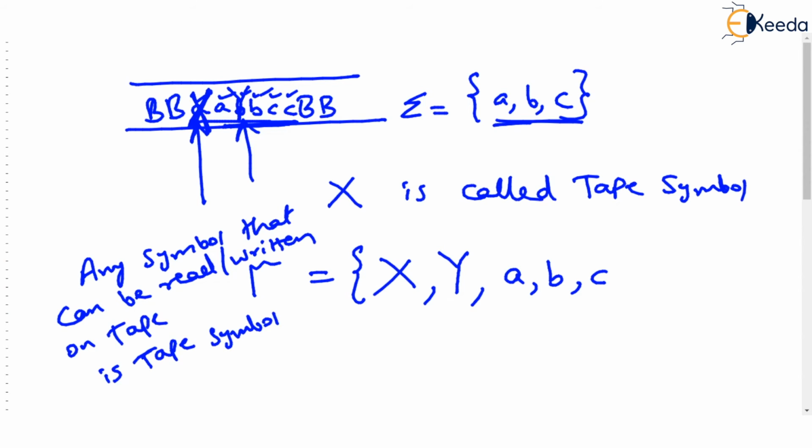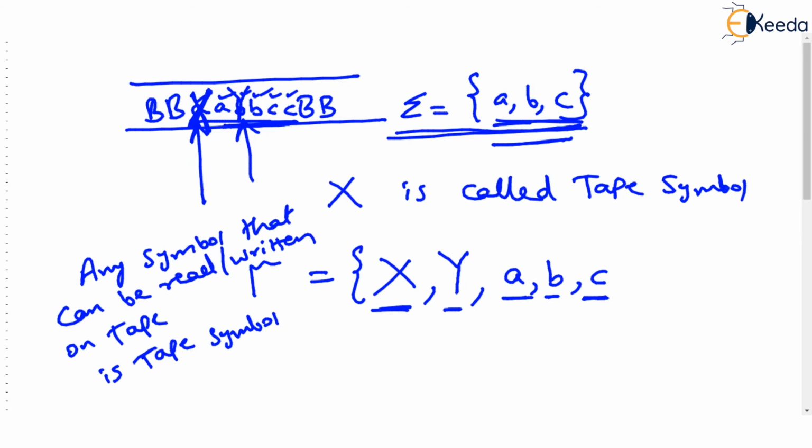So please try to understand, sigma, this alphabet, is defining what the input is made up of. Originally, when the Turing machine starts, it will have some input coded on the tape. Then we say that the input is made up of these symbols. But in the life of the Turing machine, as it progresses, it may write some new symbols on the tape. But still, this A, B, C is still there on the tape.